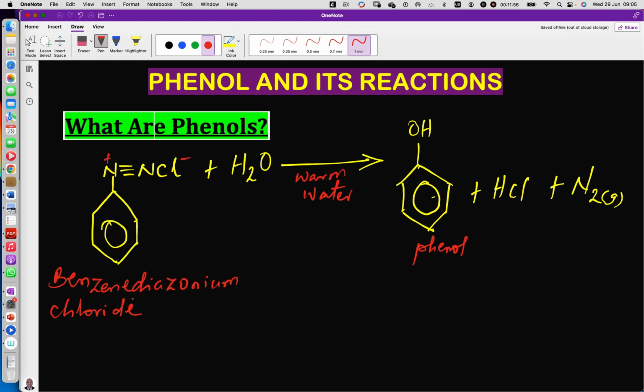Yeah, in this equation here, you will see the salt, that is benzene diazonium chloride. If it is warmed with warm water, because the salt is very, very unstable, it will break down, releasing nitrogen gas and also forming a phenol.